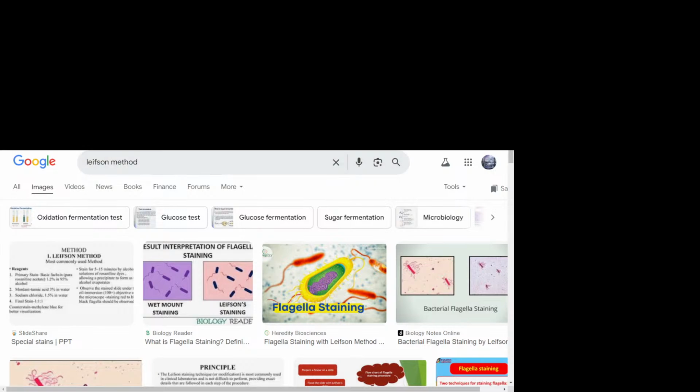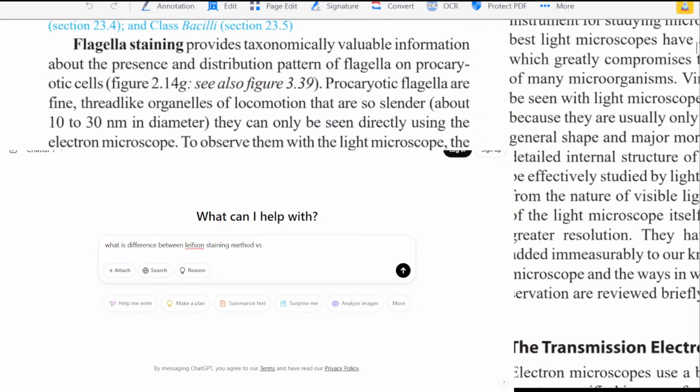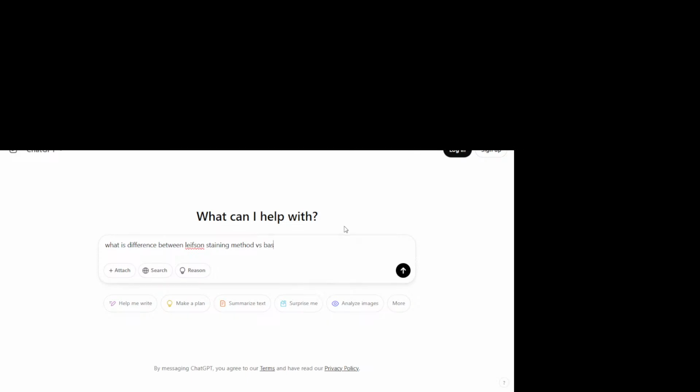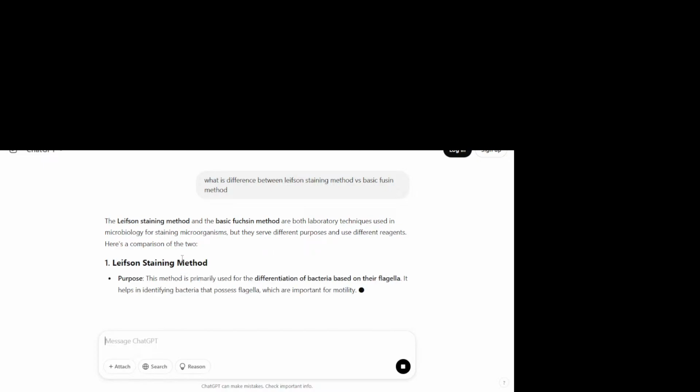Wait, let's ask ChatGPT. What is the difference between Leifson staining versus basic fuchsin? Both are laboratory techniques used for staining.